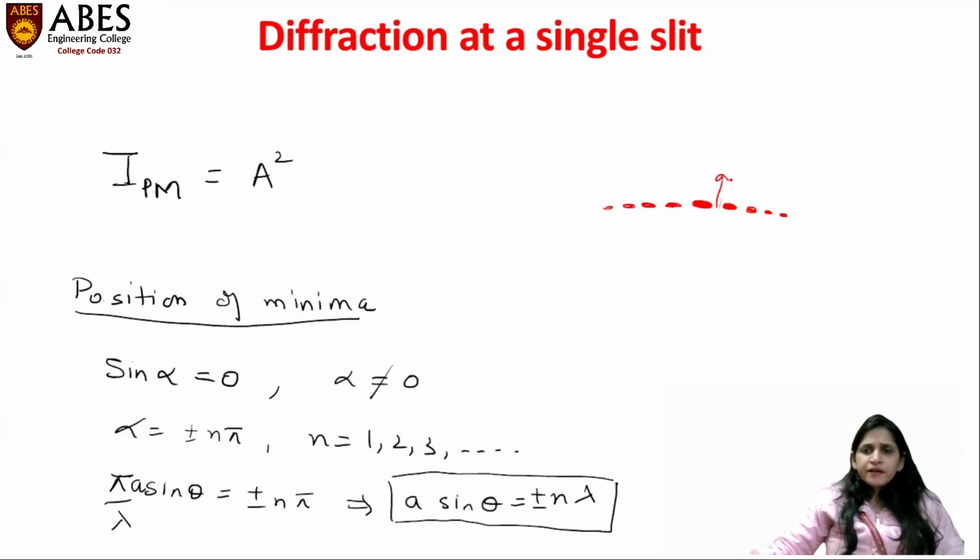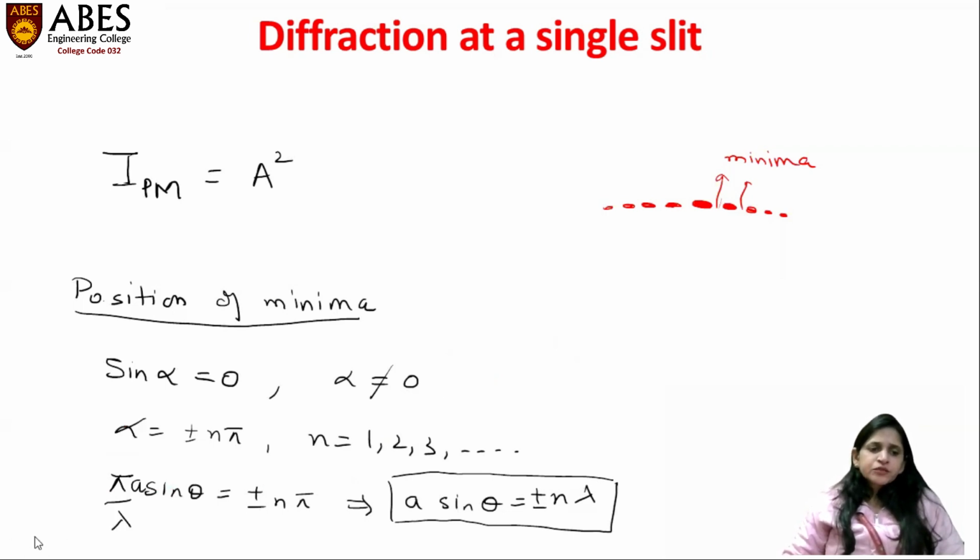The minima is here, between the two maximas. The position of minima is at plus minus n pi: pi, 2 pi, 3 pi, 4 pi, and plus minus.